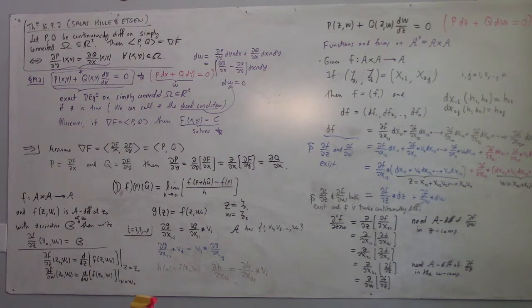In fact, if the function's smooth and one A derivative exists, it follows that all higher A derivatives must exist. That's something I've proved before.